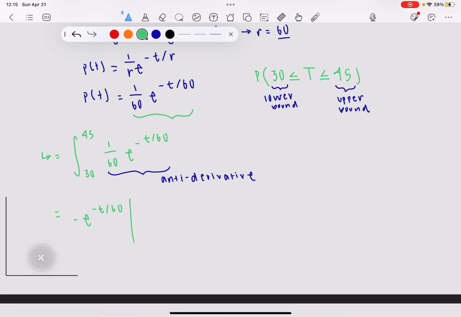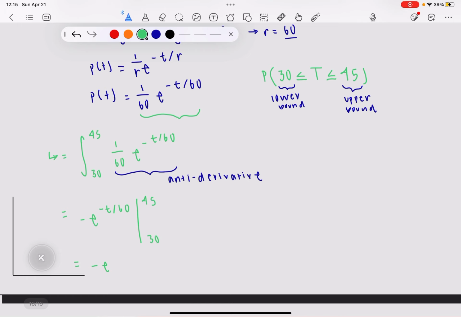So then once we do that, we are going to apply the bounds that we were given, and then we're going to solve by plugging it in. So it's going to be 45 divided by 60, make sure that's negative, and then it's going to be negative, and then it's going to be positive because we're subtracting a negative value, and same type of thing.